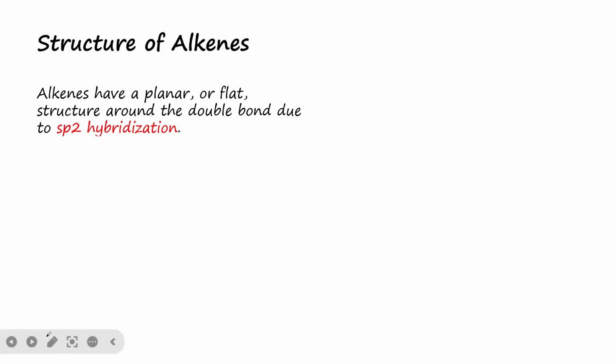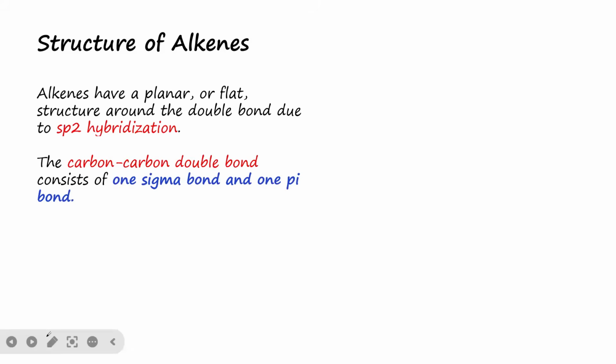Alkenes have a planar or flat structure around a double bond due to sp2 hybridization. The carbon-to-carbon double bond consists of one sigma bond and one pi bond. In the double bond, one is a sigma bond and the other is a pi bond.